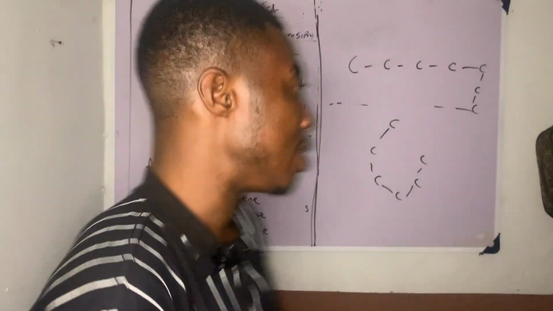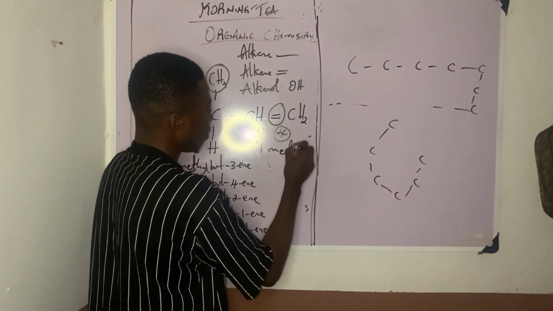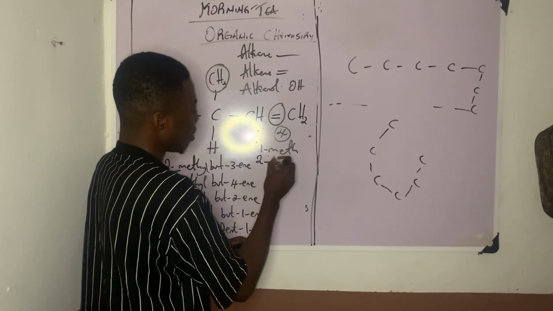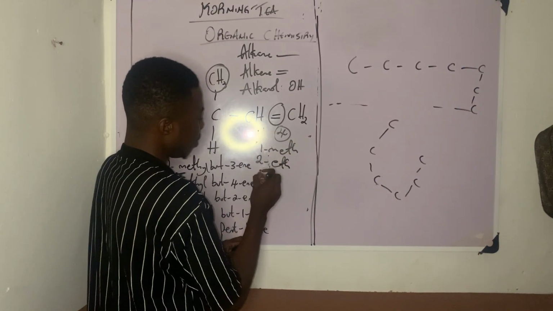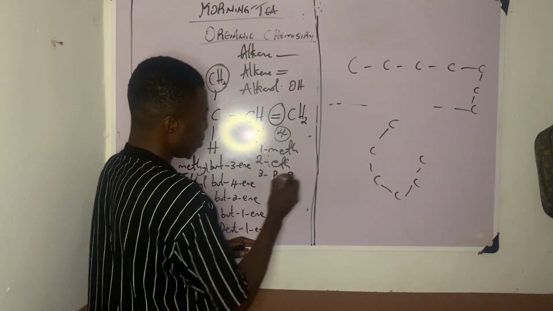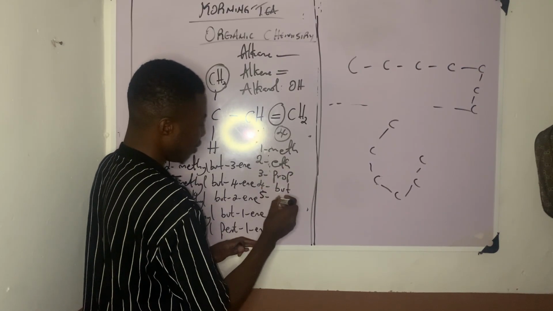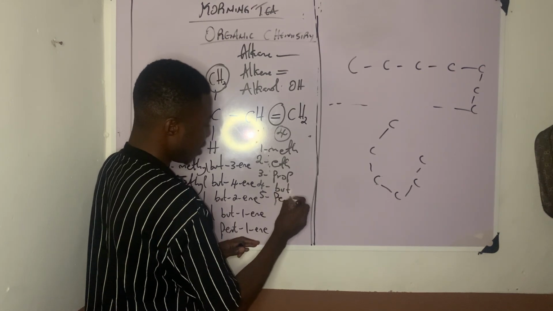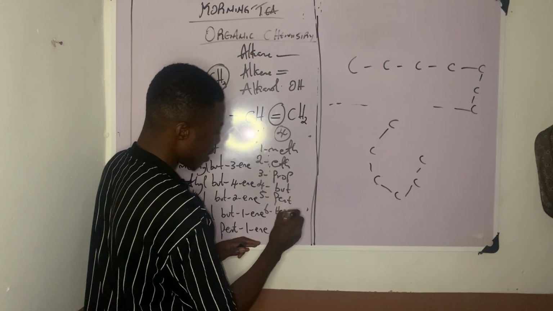Now let's talk about it. In organic chemistry, the first is Meth. The second is Eth. The third is Prop. The fourth is But. The fifth is Pent. The sixth is Hex.